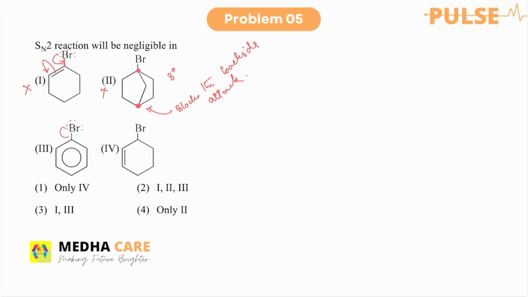Third case, again partial double bond character. So it will also not participate in SN2 reaction. So the only one that can participate in SN2 reaction is number 4. So in this case the answer will be 1, 2 and 3 do not react in SN2 reactions. I hope that is clear to you.